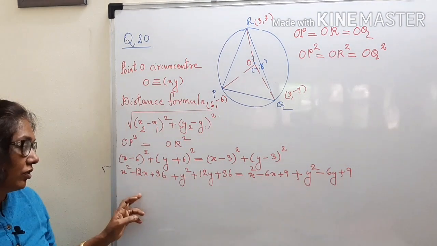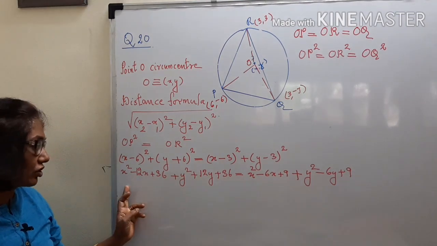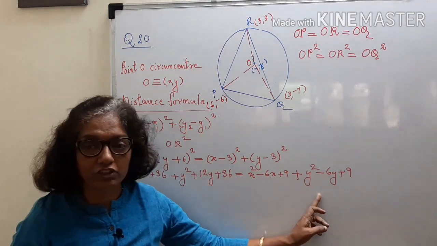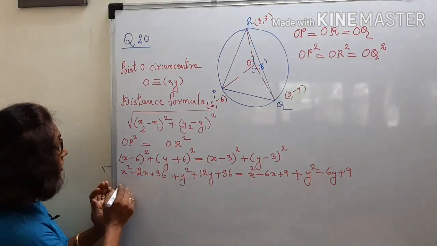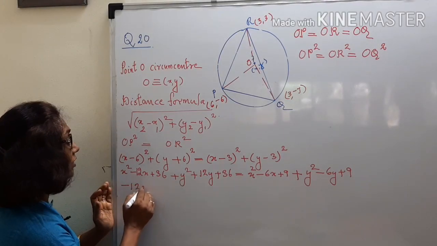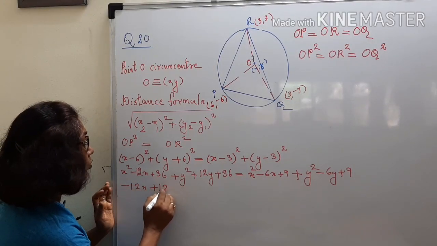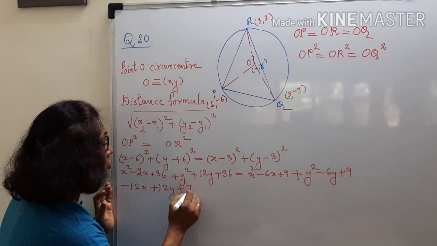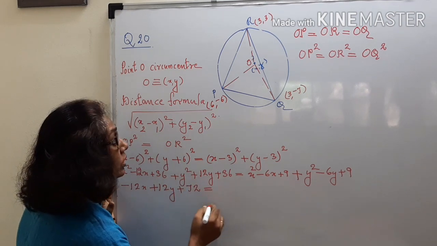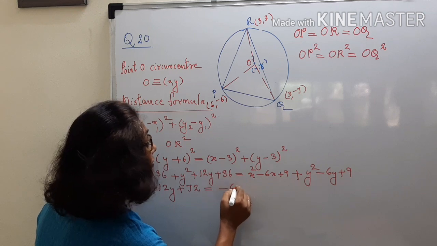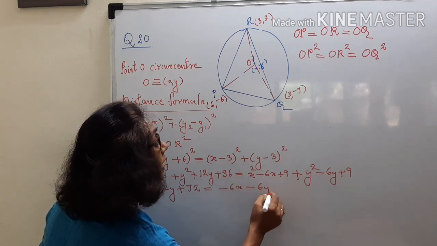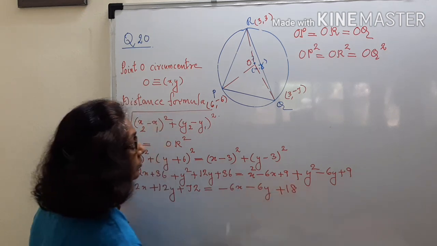Apply the property of elimination. X square gets cancelled, y square is eliminated. Hence, we have negative 12x plus 12y plus 72, which is equal to negative 6x minus 6y plus 18.